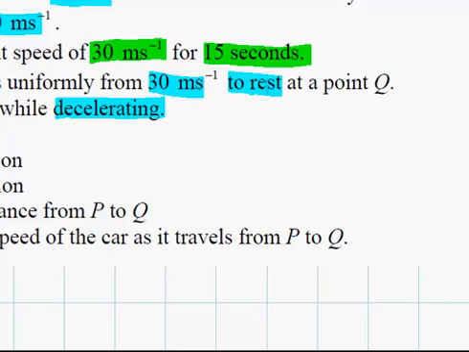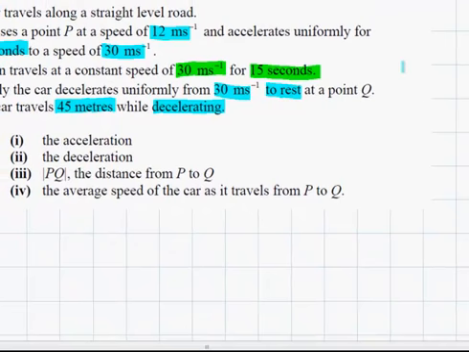Now for these problems we really want to be thinking about the 3 equations of motion for constant acceleration. And these equations are as follows: v is equal to u plus at, v squared is equal to u squared plus 2as, and s is equal to ut plus a half at squared.